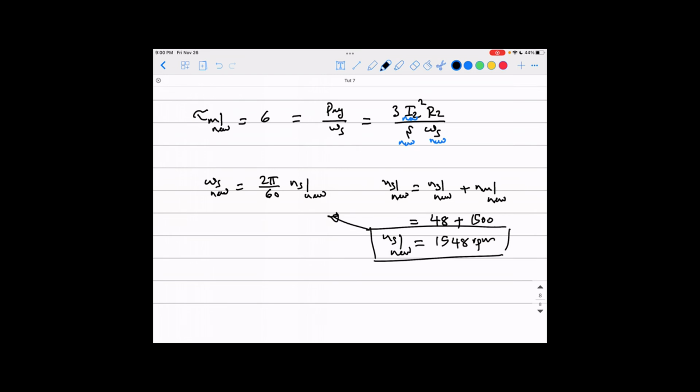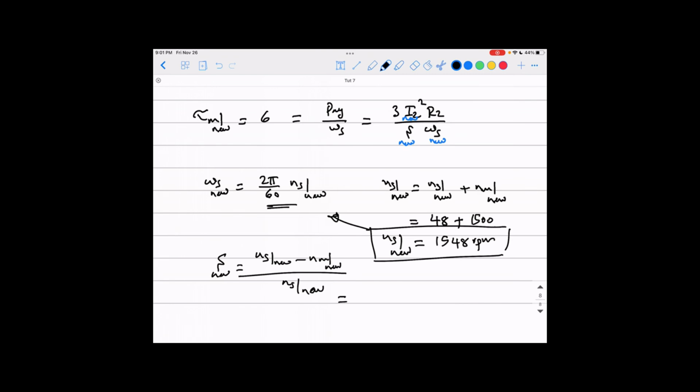So you can put it here to find omega s. Easy. And you can also find the new slip, which equals the new synchronous speed minus the new mechanical speed, divided by the new synchronous speed.